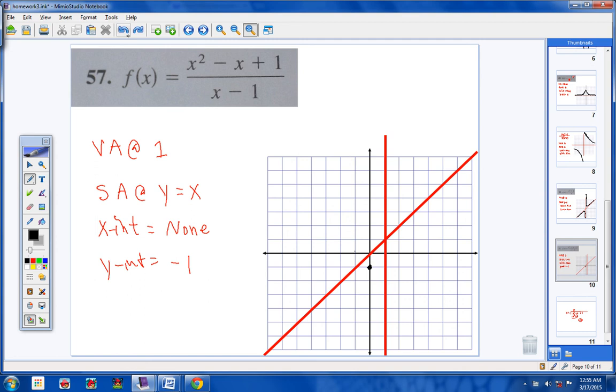Now let's see if we get out some different values. So let's go over 1, 2, 3, 4. At negative 4, I'm at negative 4.2, which is below the line. At negative 3, negative 3.25. At negative 2, negative 2.3, negative 1 is negative 1.5.